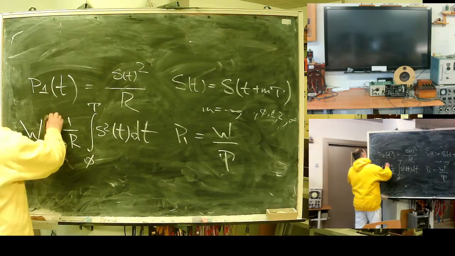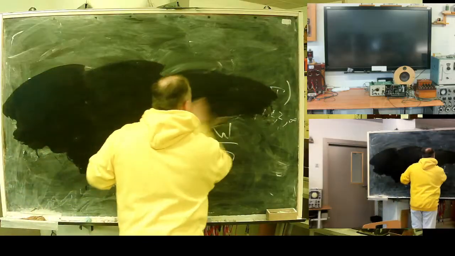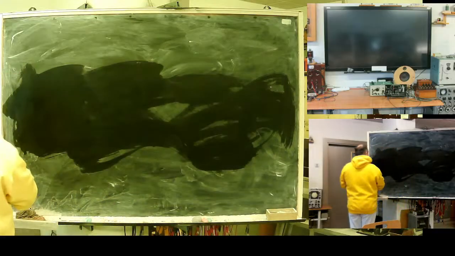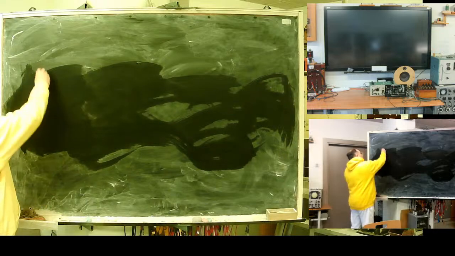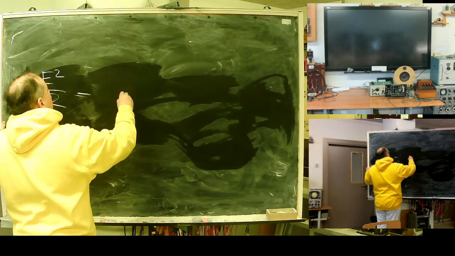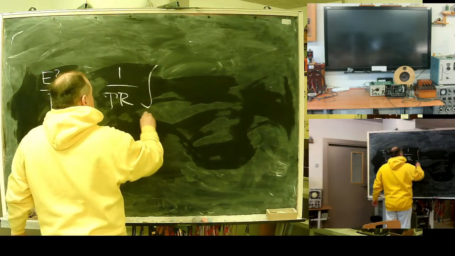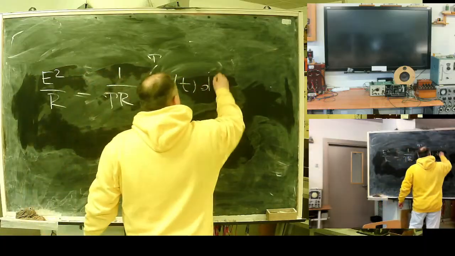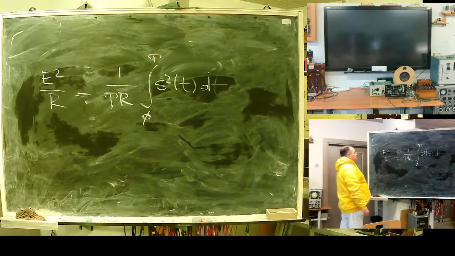So now I'm writing E squared divided by R equals to 1 divided by T R integrating from 0 to period T of s squared. Because P1 equals to P2.